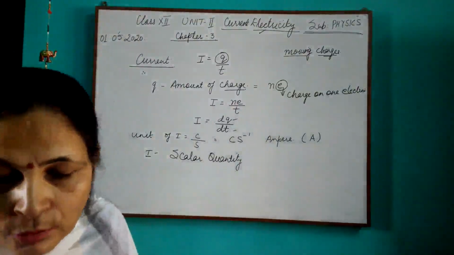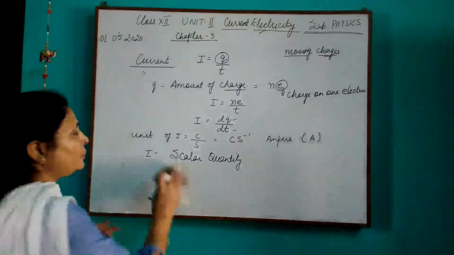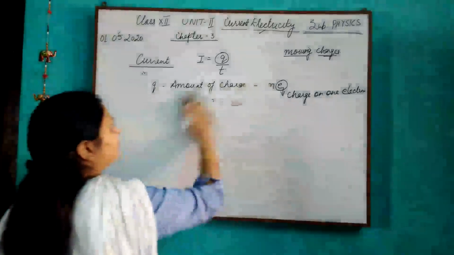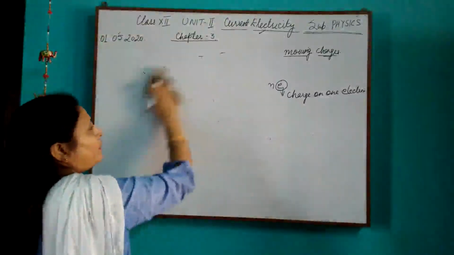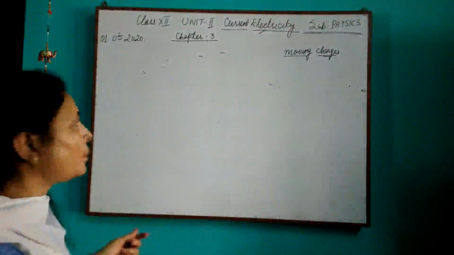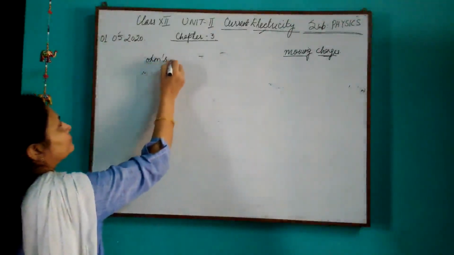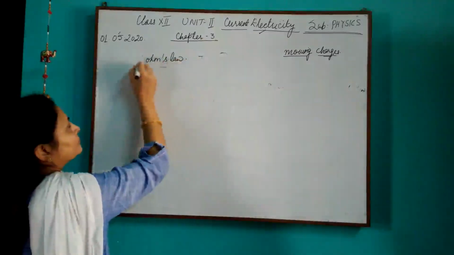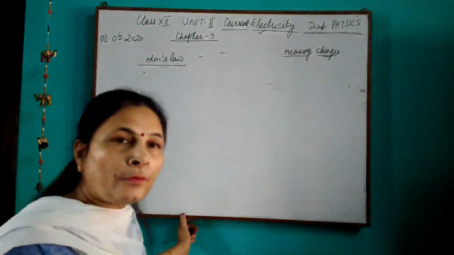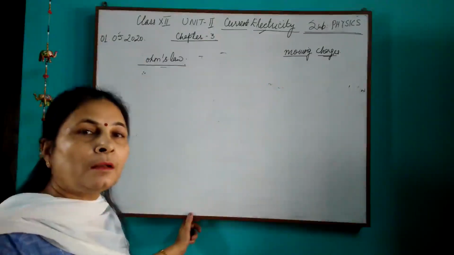Now we'll talk about Ohm's law. You have done this in lower classes, but we'll again repeat. What is Ohm's law? He studied the variation of change in current with potential difference.